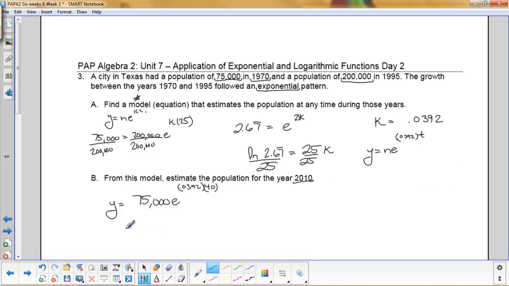The estimated population at that time, just type that into your calculator and you get 2,773,711.